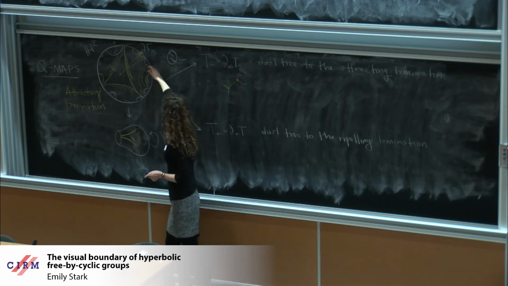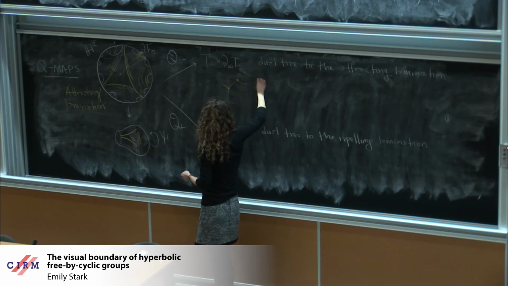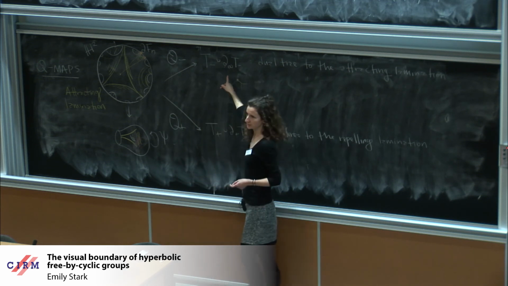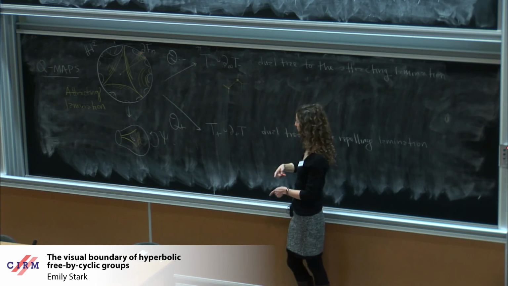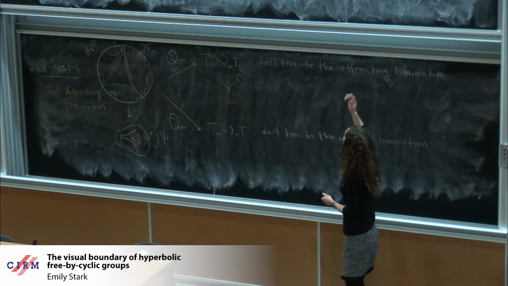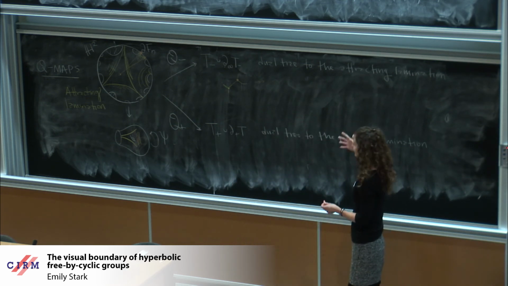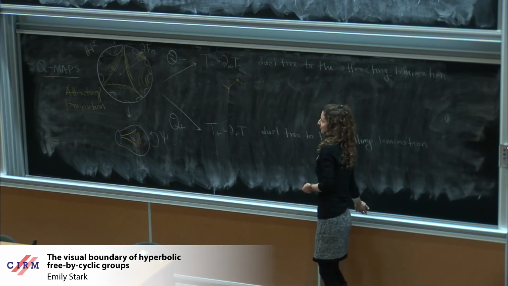And in that case, this point on the boundary under the Q map will map to some point in the boundary of a tree. And the other Q map is constructed similarly with the repelling lamination. And Levy and Lustig prove that an analogous situation holds for any fully irreducible automorphism of the free group.